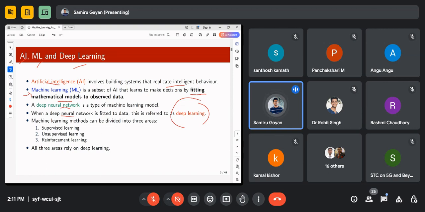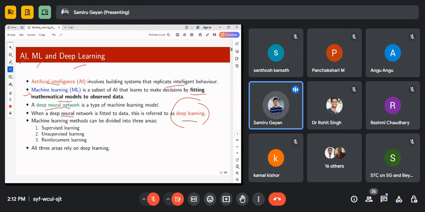If we have a set of data, how we fit a mathematical model to that data is all about machine learning. But we can do that in several different ways. One such way is using deep neural networks, and that process of fitting the model is called deep learning.